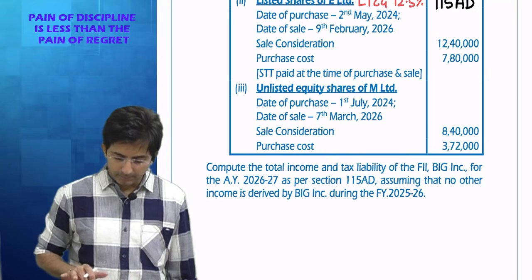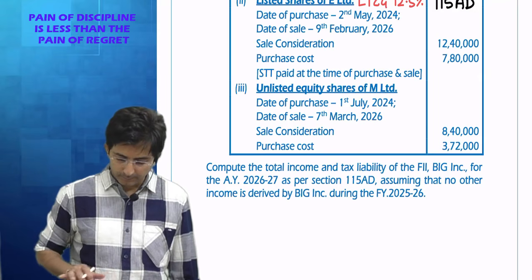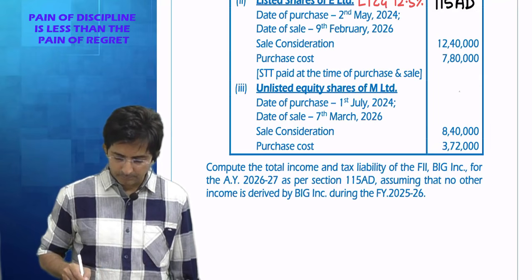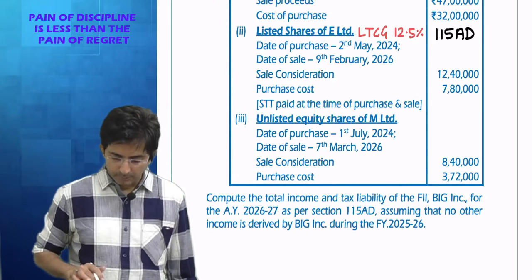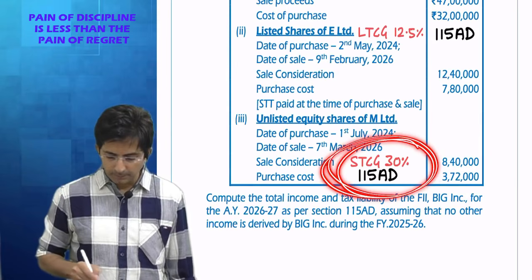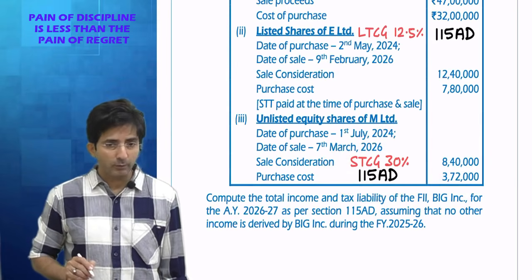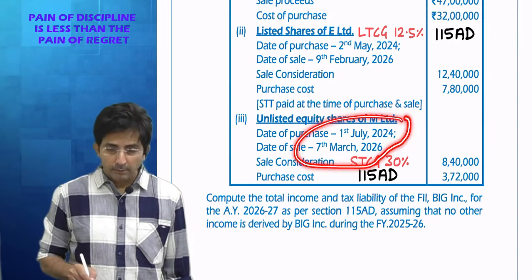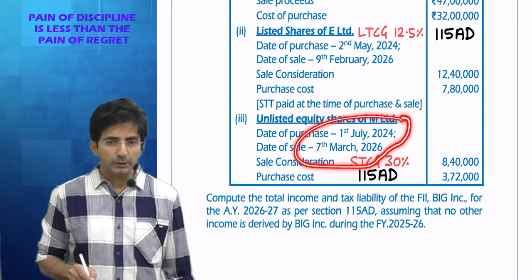See, I have written here. This will be short-term gain, 30% tax as per 115AD. Okay. You understood short-term because the sale is within 2 years, less than 2 years.